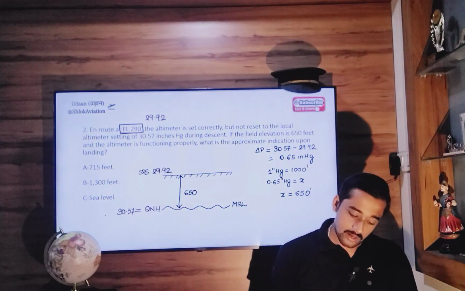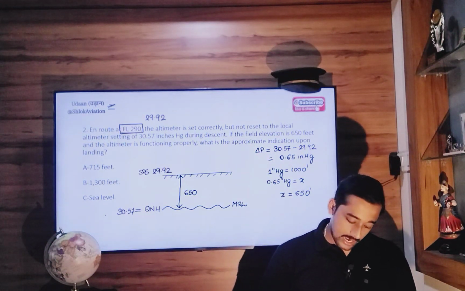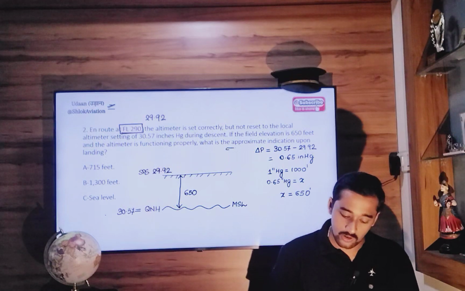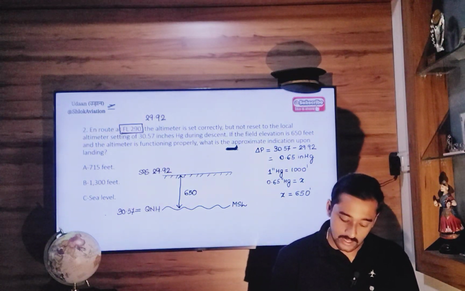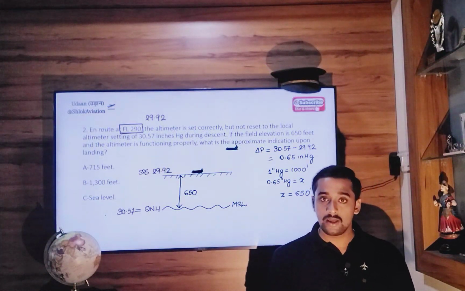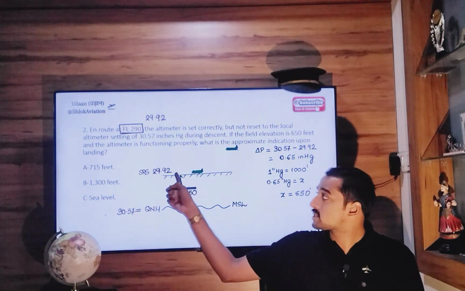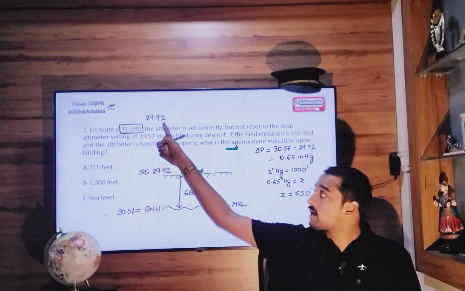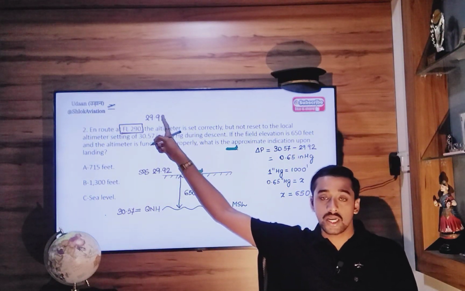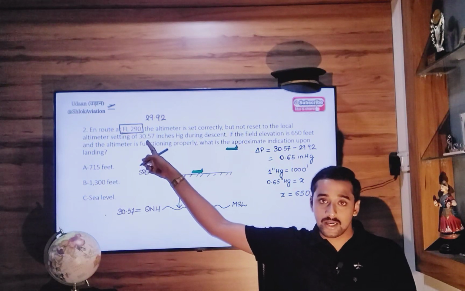Now, what will your altimeter show or indicate upon landing? So, when the aircraft lands from flight level 290 on the airport, the altimeter will indicate vertical distance from the datum set in the altimeter setting window. Now here the datum set by the pilot is 29.92. He hasn't changed that to a new setting of 30.57. He should have done that, but he hasn't.